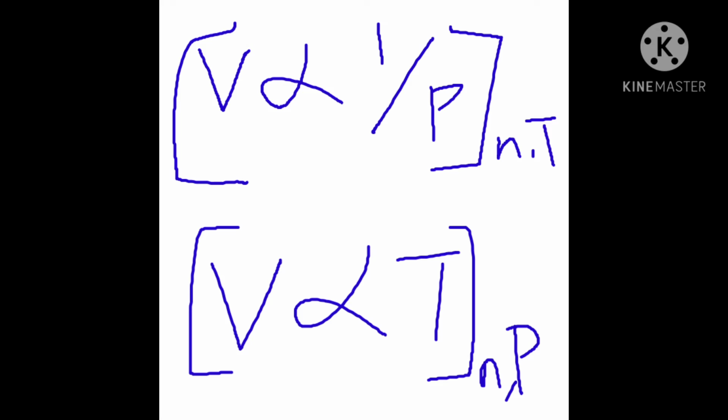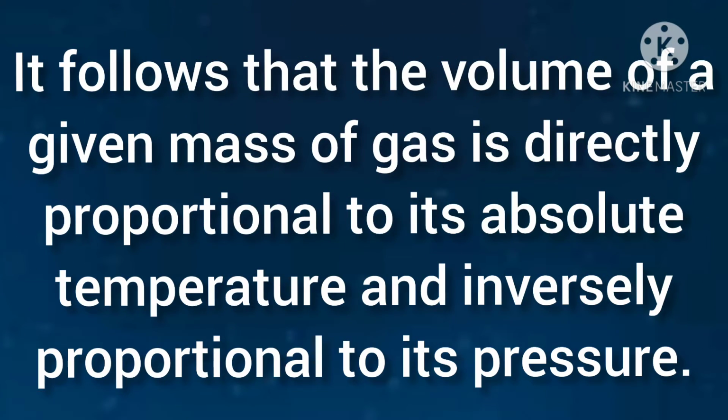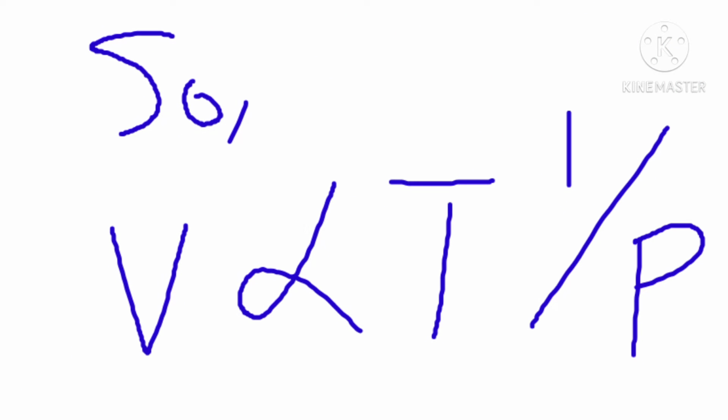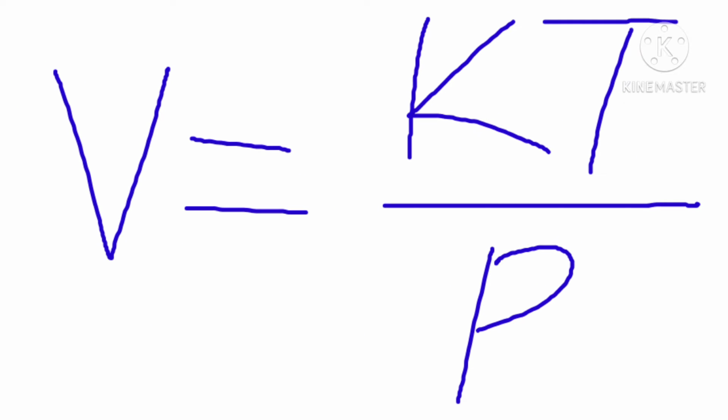its temperature. It follows that the volume of a given mass of gas is directly proportional to its temperature and inversely proportional to its pressure. So V is directly proportional to T and inversely proportional to P. Therefore, V is equal to KT over P, where K is a constant of proportionality.